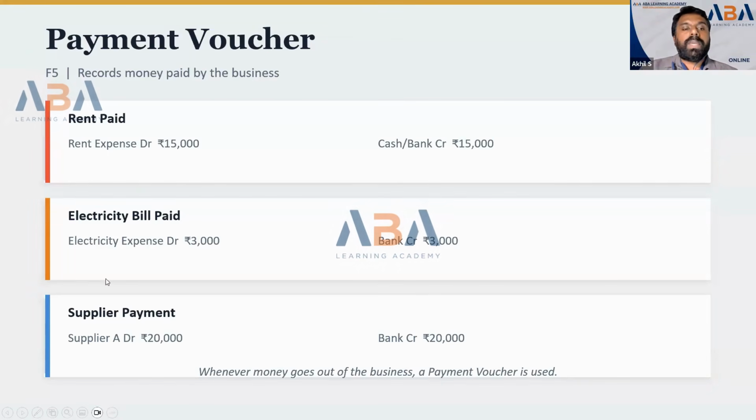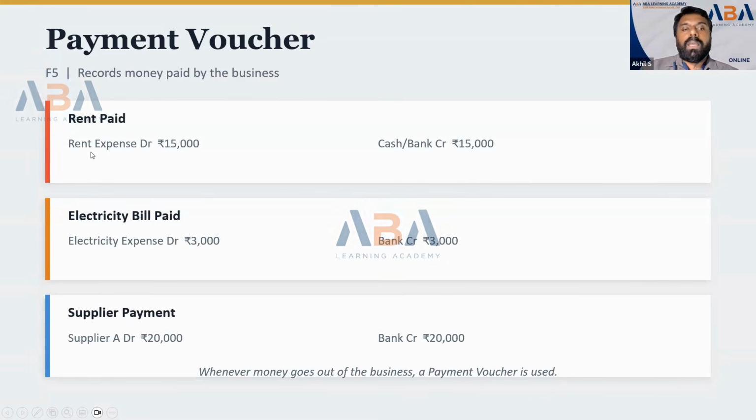So we can see three examples here. First example is rent paid. Rent paid means we are paying a rent. From our bank account or cash account, we are taking some amount and giving it to a third person. So for that reason, we must post it in payment voucher. We have to debit the rent expense and credit our cash or bank account. Here one is an expense and the other one is cash or bank, so we must post it in payment voucher.